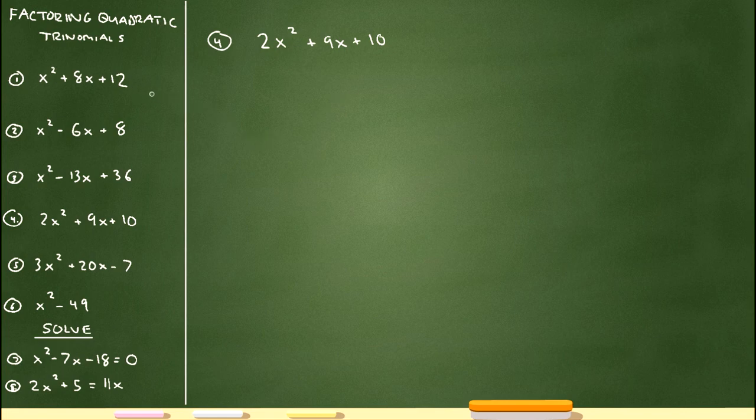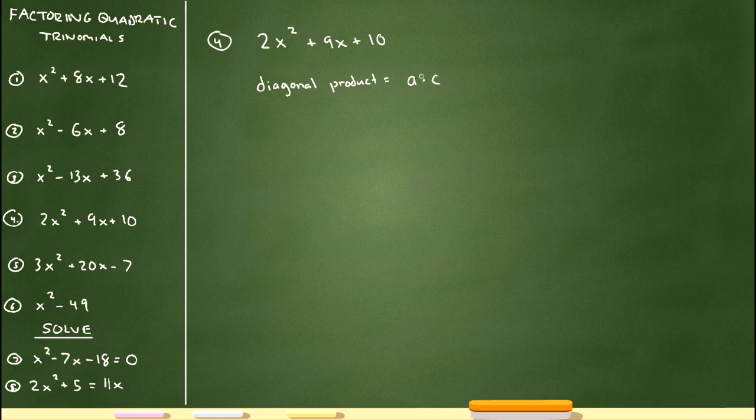Now, in the first 3 cases, we actually did have the diagonal product. The diagonal product happened to be c because a is 1. Let me write this down. The diagonal product is equal to a times c.